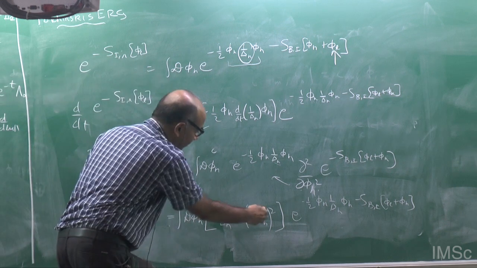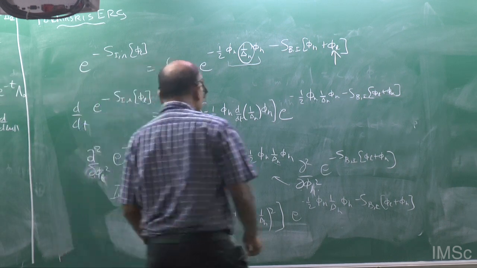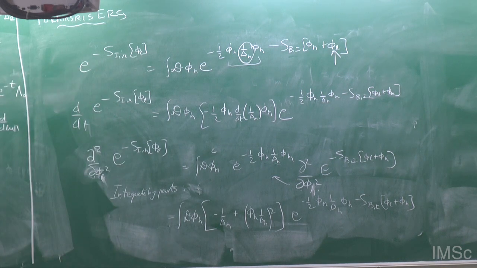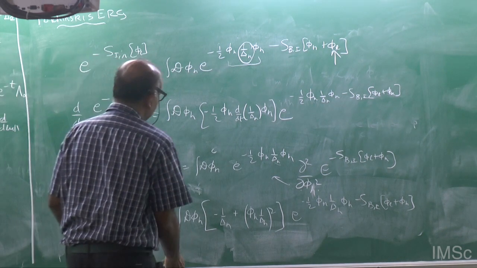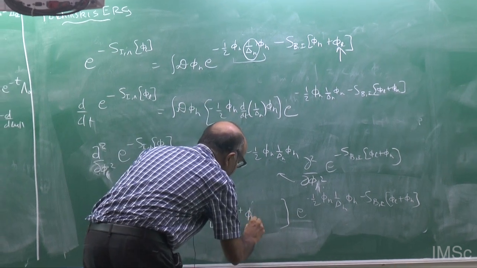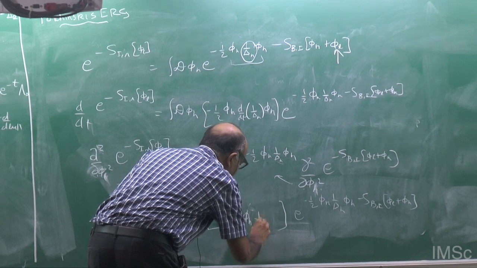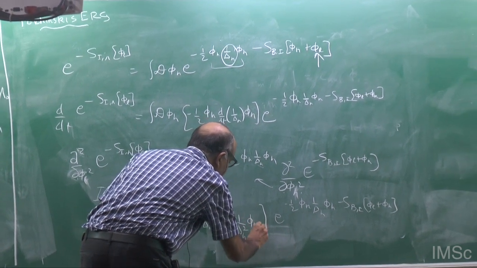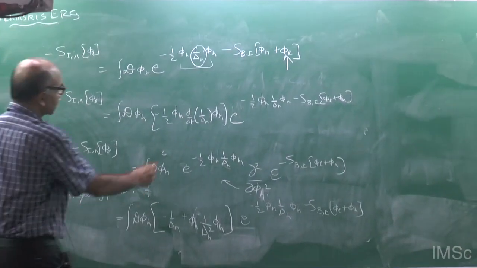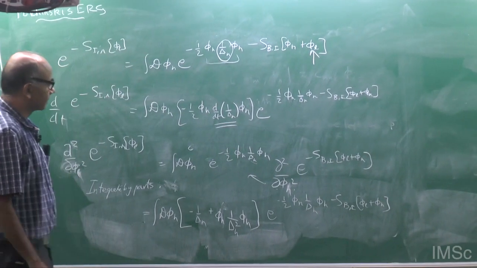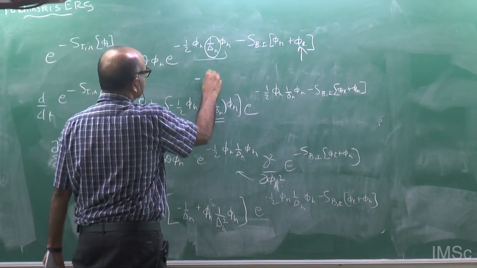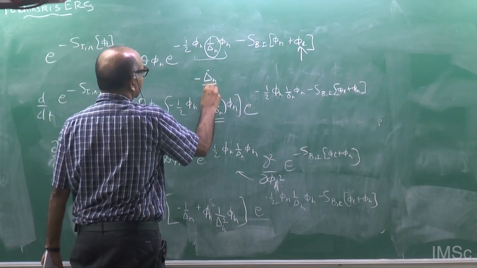So let's open this up. When you open this up, this is just phi h 1 over delta h squared phi h. I've just written it out. Compare it with this term. d by dt of delta h is just minus delta h dot.